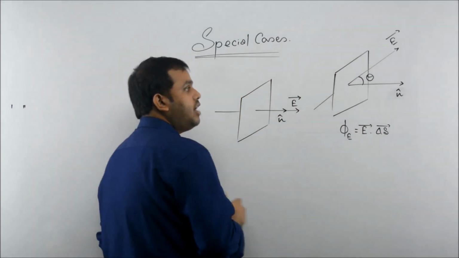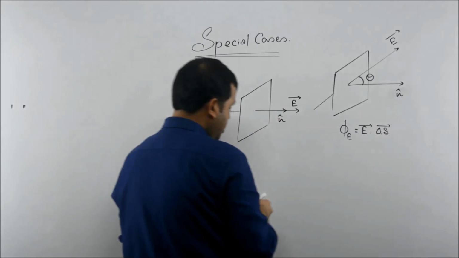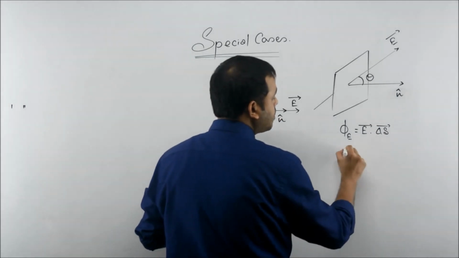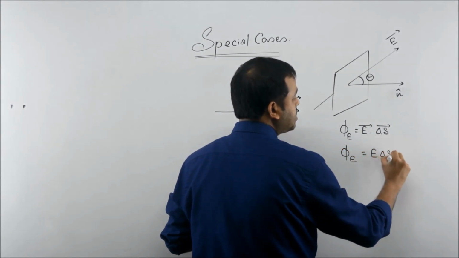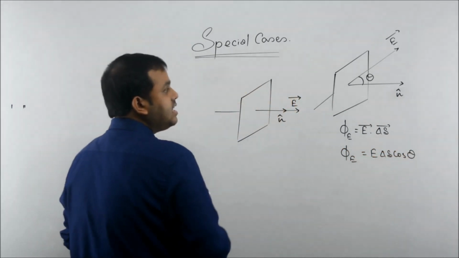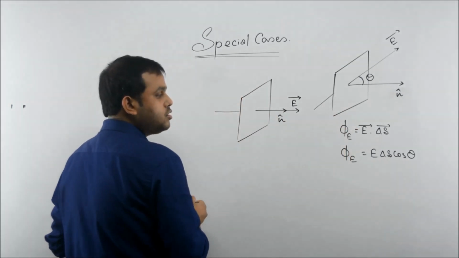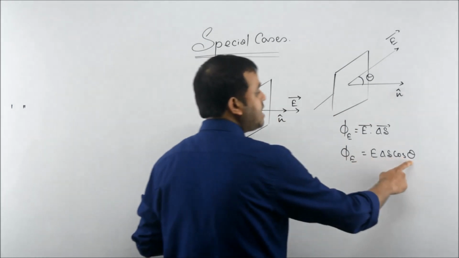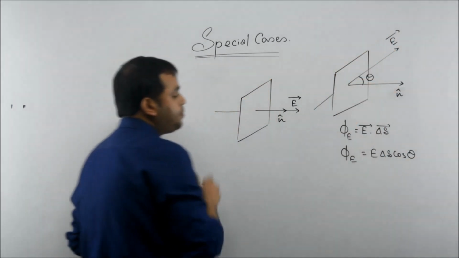Then electric flux through that surface is given by E vector dot delta S vector, or you can write E delta S cos theta, where delta S is the area of this planar area, E is the magnitude of the strength of the electric field, and theta is the angle between electric field and normal to the area.